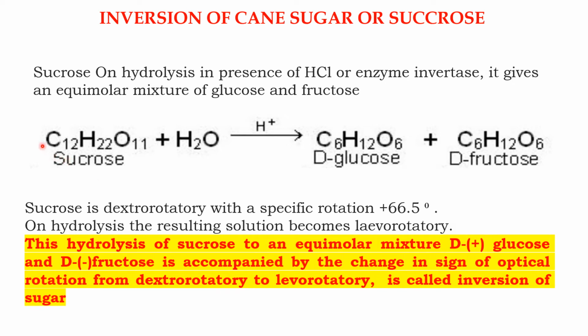And after hydrolysis, if I check the specific rotation of the resulting solution, that is the mixture of glucose and fructose, it is observed that the resulting solution is levorotatory.